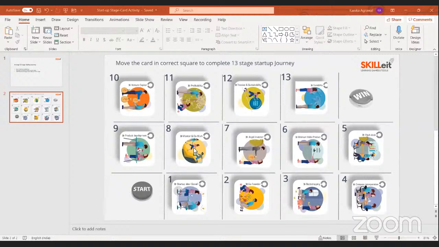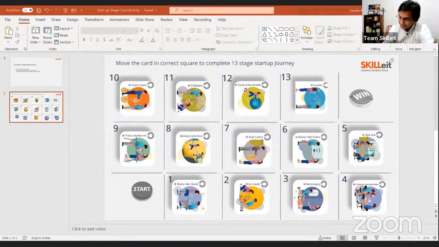Then we will mentor our co-workers and workers for product development. After our product is developed, we will try to gather some capital from different ventures, and once our product and capital is ready, we will earn profit, and we will see our sustainability, and then we'll go for expanding our business, that is scalability.